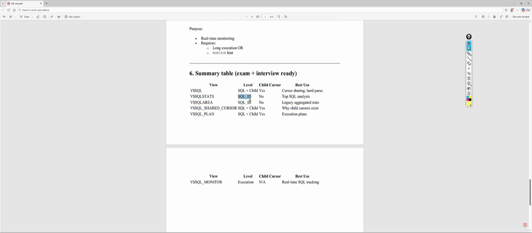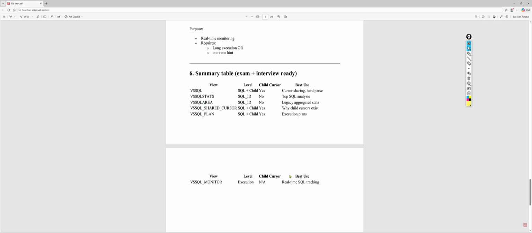So these are all the levels that these particular views store. Okay, and a lot more information, but these are the basic information stored under V$SQL, V$SQLSTATS and all the other views.